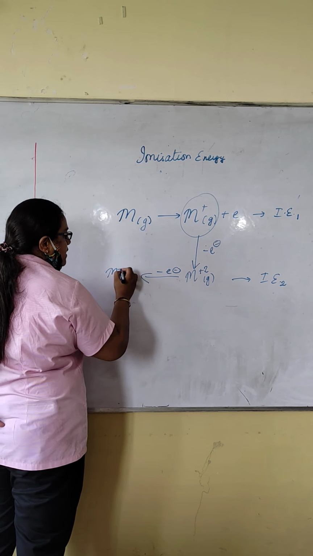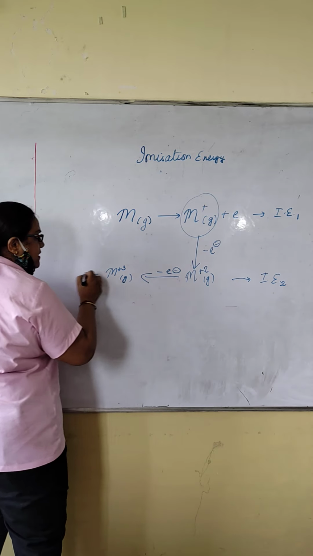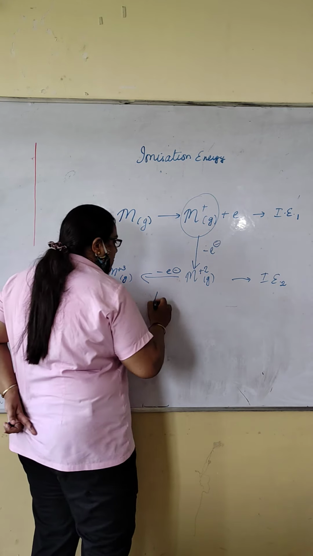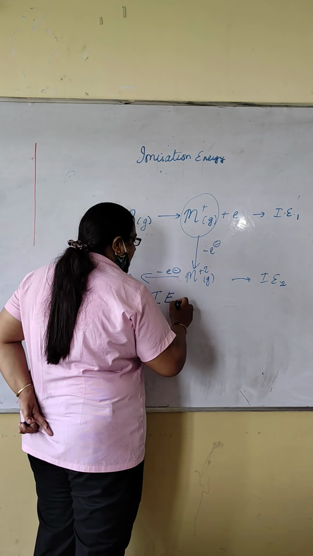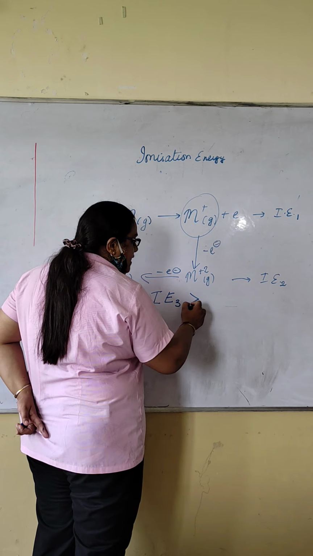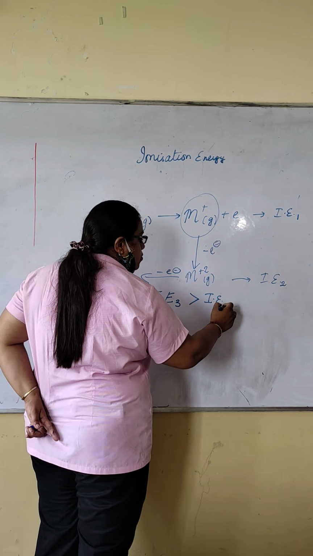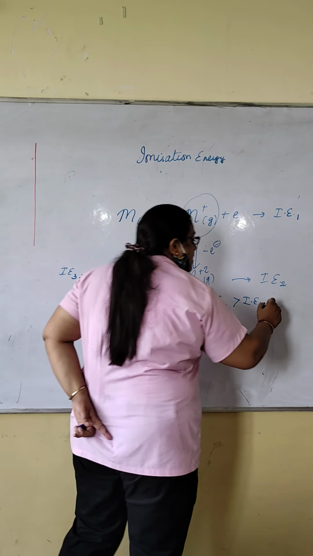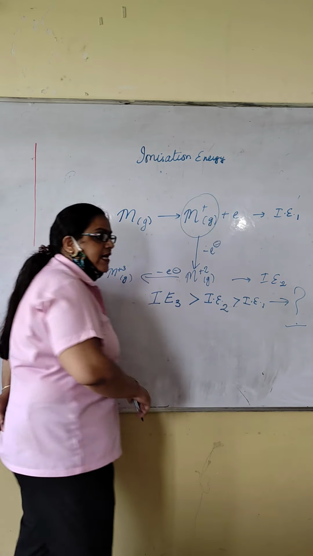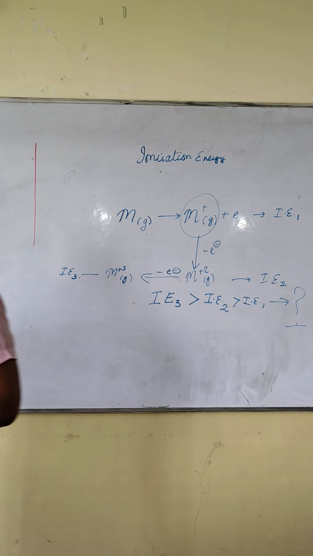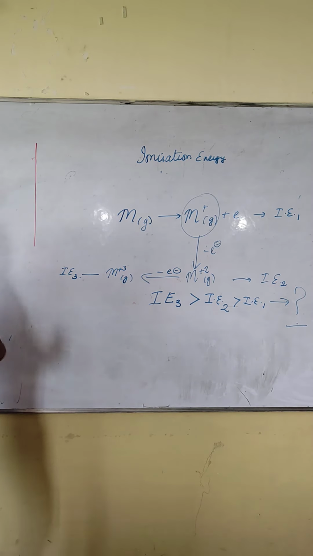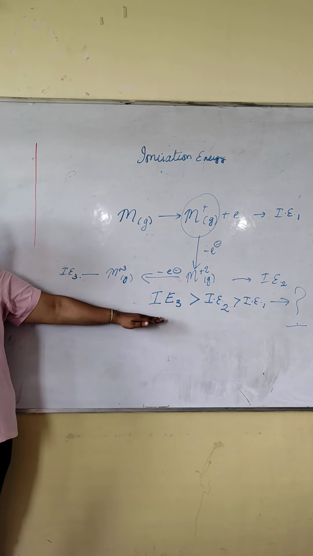It will form trivalent cation and this is your IE3. Now if I ask, IE3 is greater than IE2 is greater than IE1, or successive ionization energies have more value. This is my question. Why do successive ionization enthalpies follow this order?